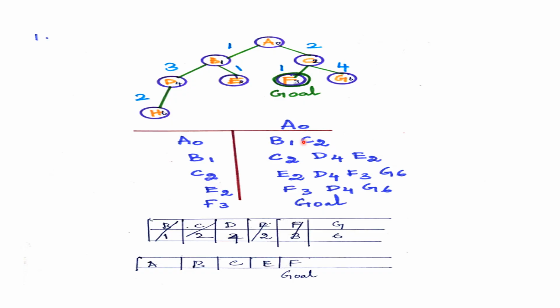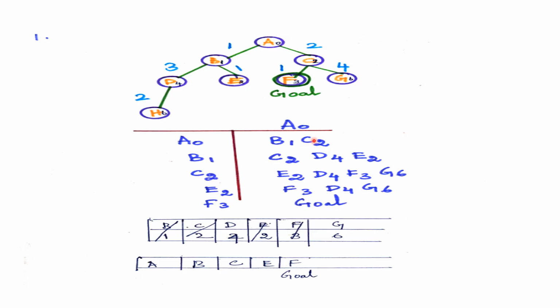So now comparing these two values, we are keeping all the values in the priority queue. We take the value from the start node and expand that node if it is not a goal node, and we keep the values in the priority queue. Based upon the priority queue, we give priority to the lowest path cost node first.